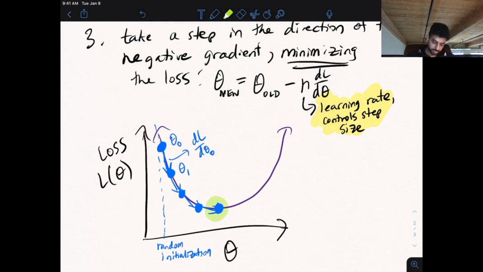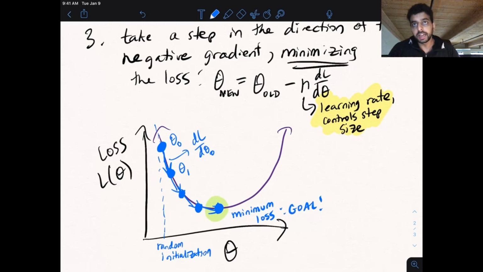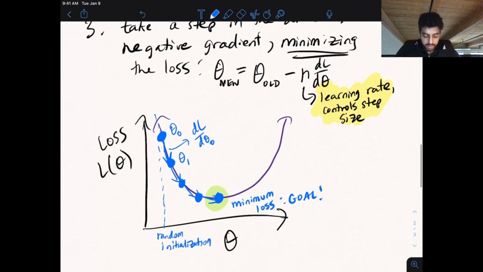I've reached the minimum loss. So my goal is to get to this point. And the way in which I'm going to do that is by computing these gradients, taking a step in the direction of the negative gradient, where this learning rate value controls how far I step.